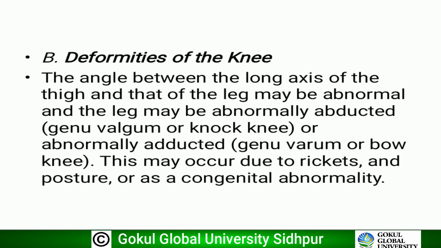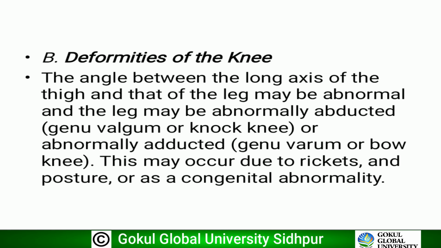Genu valgum and genu varum. The angle between the long axis of the thigh and that of the leg may be abnormal, and the leg may be abnormally abducted: genu valgum, or knock knee. Abnormally adducted: genu varum, or bow leg.